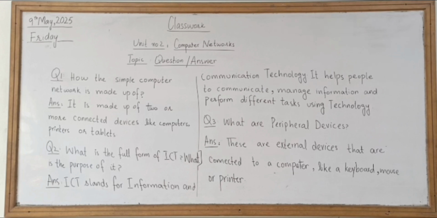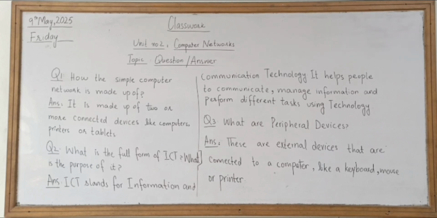On the other hand, if we want to build a network in a big company, in a city, or a huge area, then we use the WAN network. The full form of WAN is wide area network.